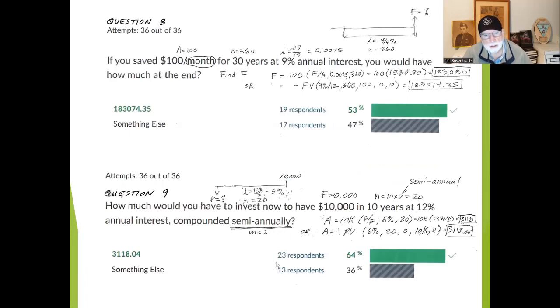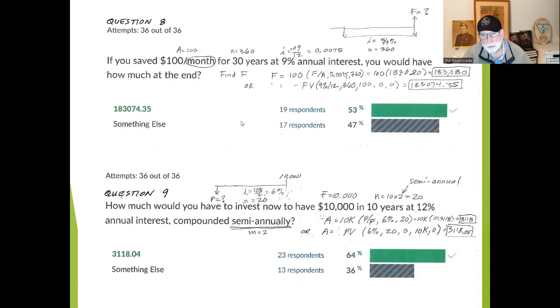The next two questions, questions 8 and 9: 53% got question 8 correct, and 64% got question 9 correct. These are straightforward questions. Question 8 is a chapter 4 question, and question 9 is a chapter 3 question. You're just calculating a future value for question 8, and a present value for question 9.